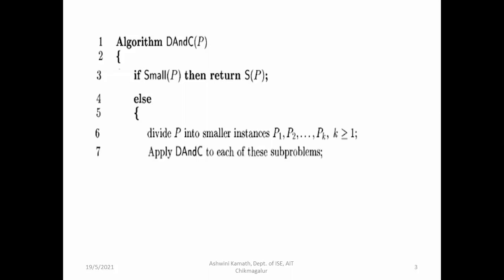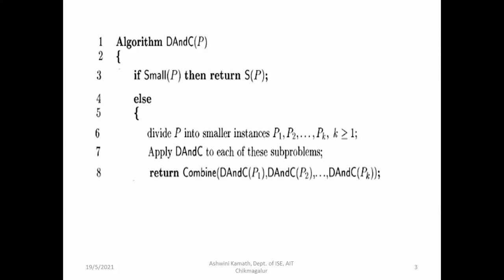Apply DAndC to each of these subproblems. If you think the problem is still larger, then apply this divide and conquer technique again and again for all these subproblems until it becomes small.